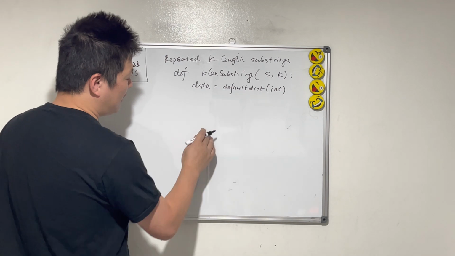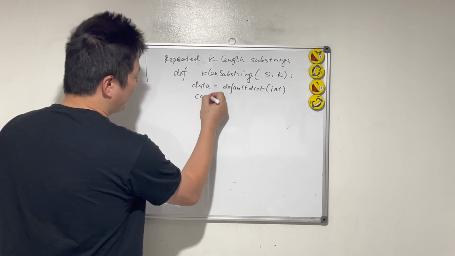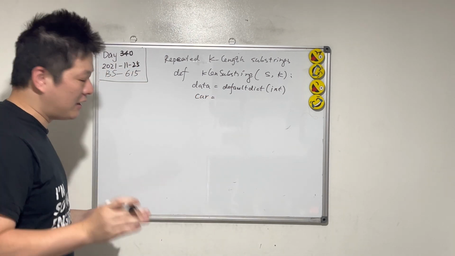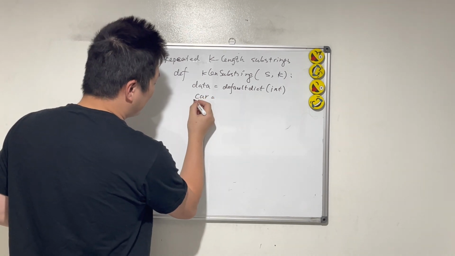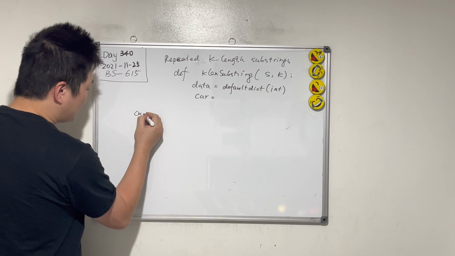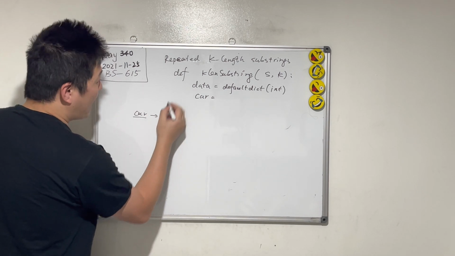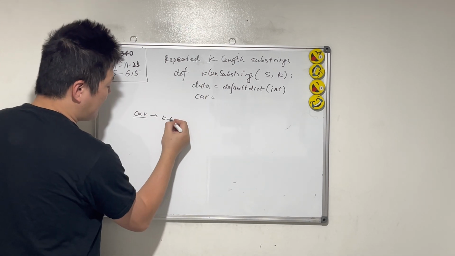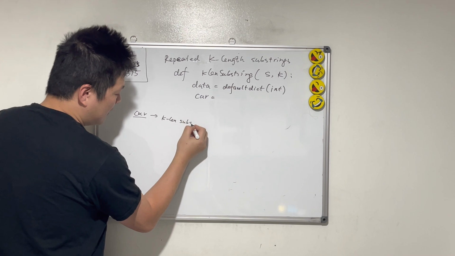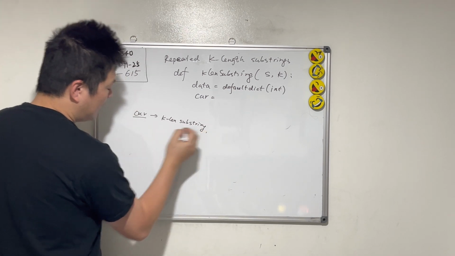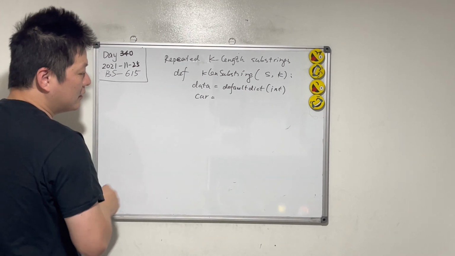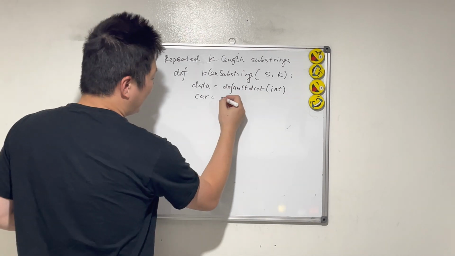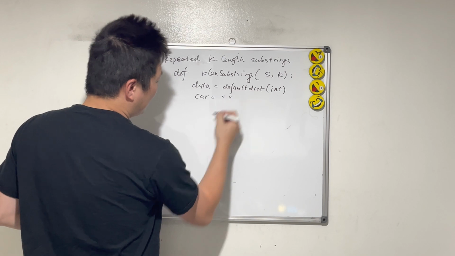Data, and then we have this current. I'm going to use current as the k-length substring, let's say it's empty at first.